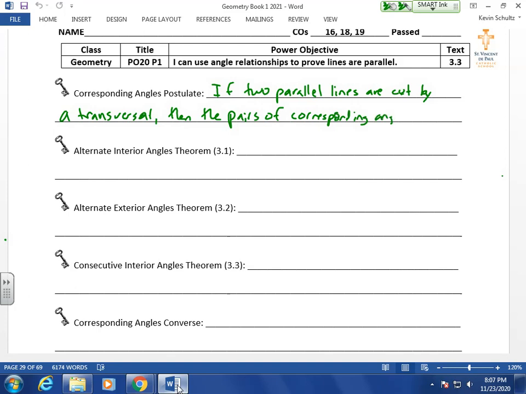Corresponding angles are congruent. Okay, and in fact, all of these are going to start with that same if statement.